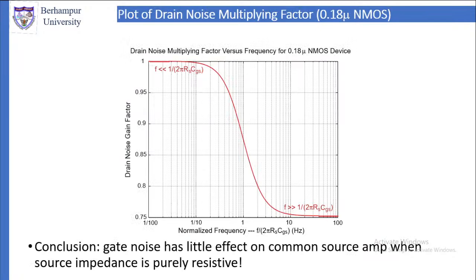Now this plot shows the drain noise multiplying factor for a 0.18 NMOS device.